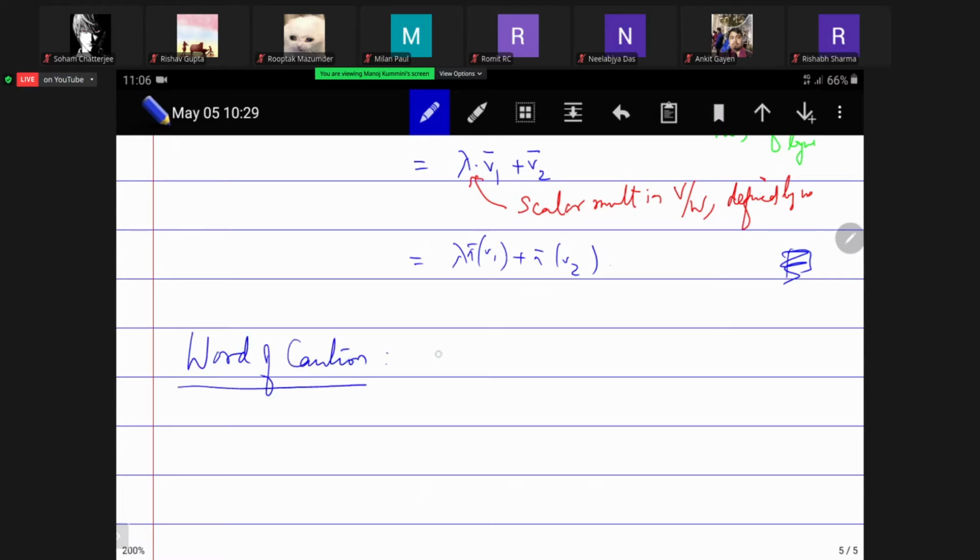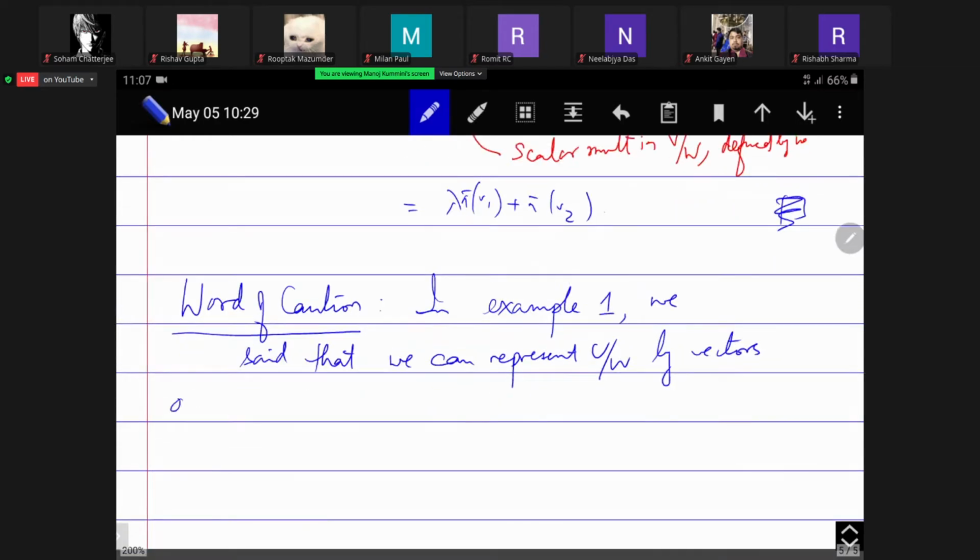In example one, we said that we can represent V mod W by vectors on the y-axis. But V mod W is not the y-axis.